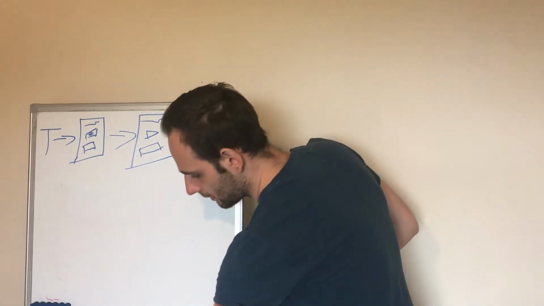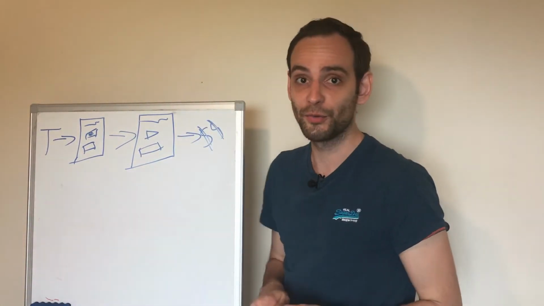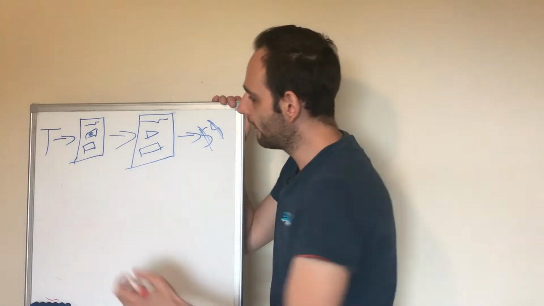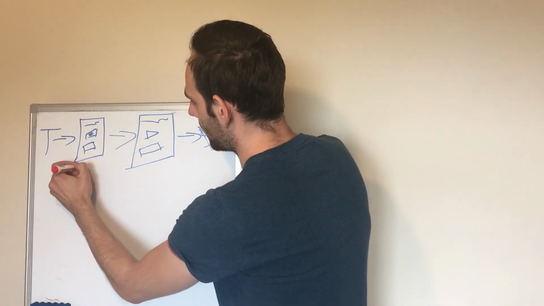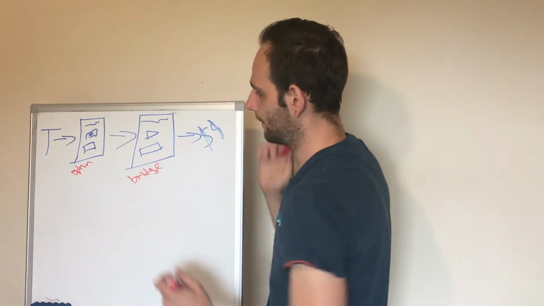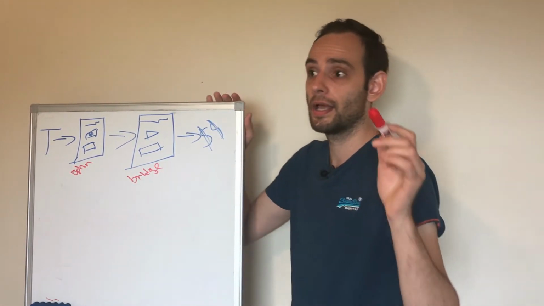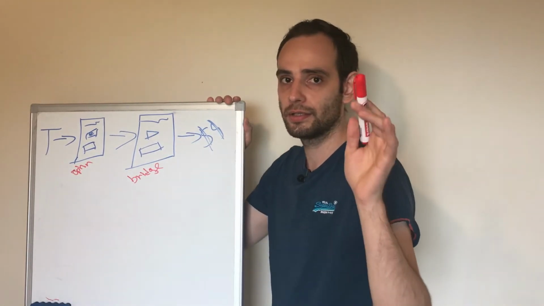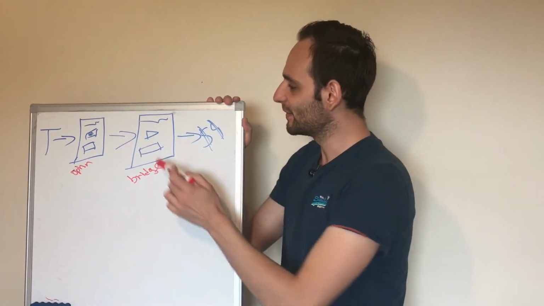Now let's get back to our drawing. Over here we have our opt-in form, and here we have our bridge page. There are different types of bridge pages that you can use.